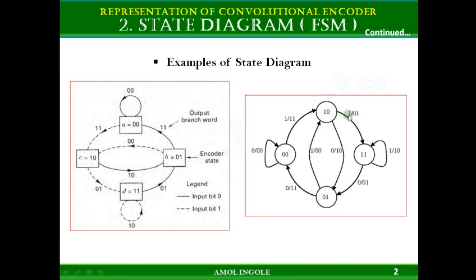You can use all dark lines by showing the input bit and the corresponding output bit separated by a slash. So this one indicates the input bit, and after the oblique, whatever you see is the output of the encoder.